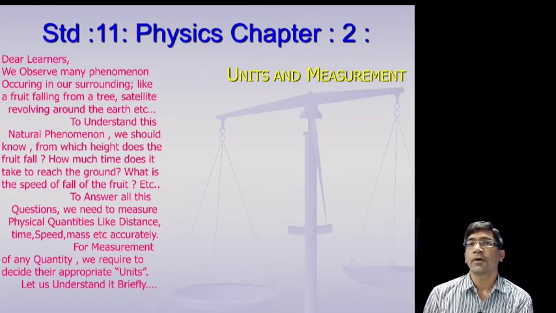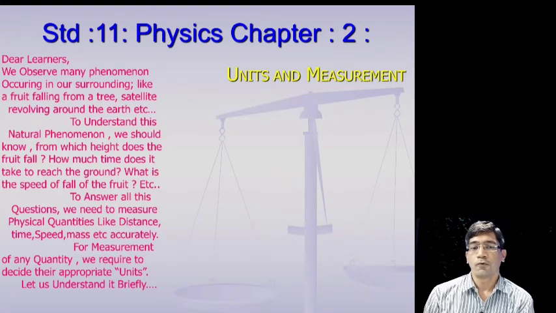To understand these natural phenomena, we should know from which height the fruit falls, how much time it takes to reach the ground, and what the speed of the fall is. To answer all these questions, we need to measure physical quantities like distance, time, speed, mass, etc.